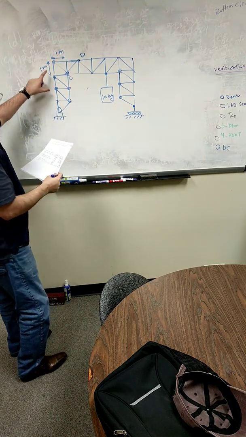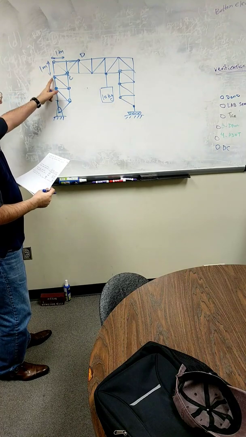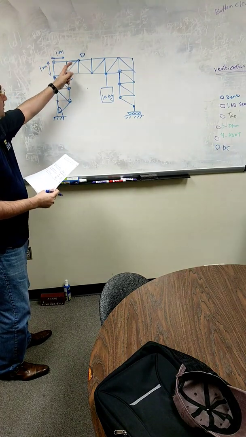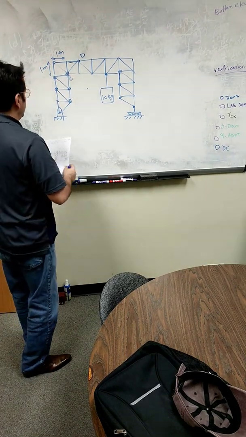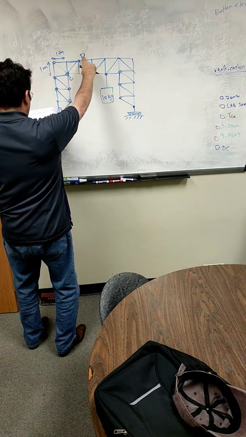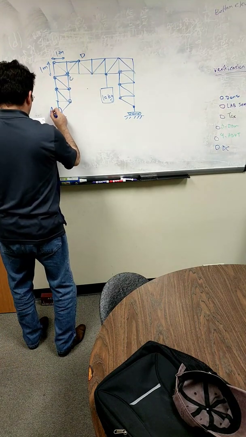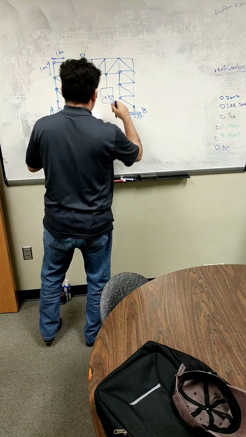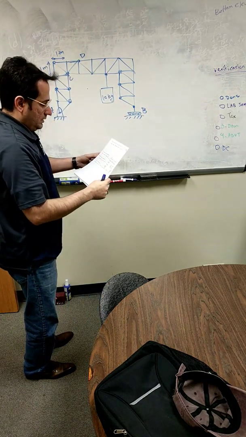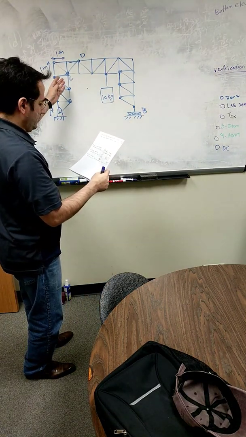Everything else is 1 meter here, and so these are the square root of 2, the diagonal. And points C, D, A, B, the ruler, 10 kg. So this truss is given to you.